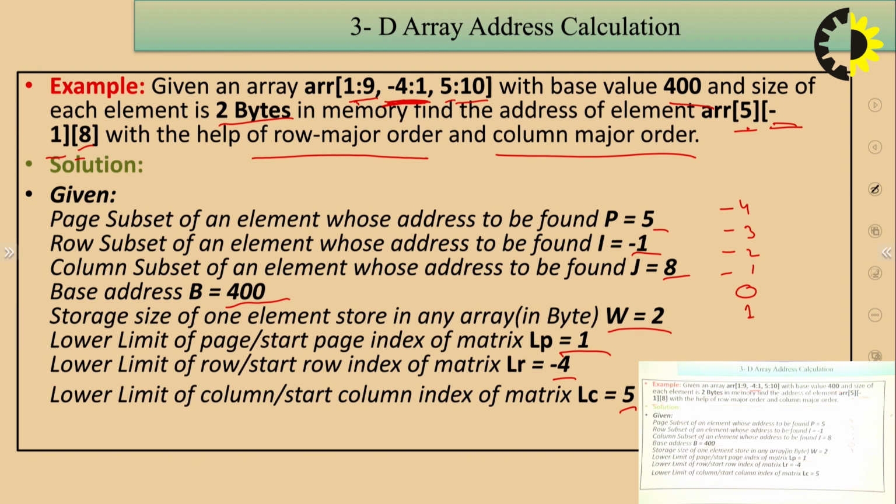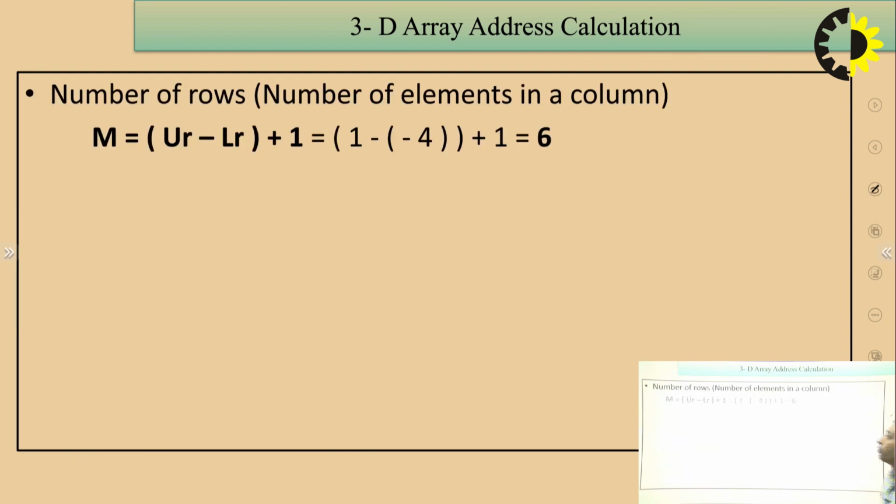So how many rows? 1, 2, 3, 4, 5, 6. This is 6 rows here. The number of rows, meaning the number of elements in a column, we can calculate by upper limit of row minus lower limit of row plus 1. The upper limit of row is 1, the lower limit of row is -4. So 1 minus -4 plus 1, we get 6.